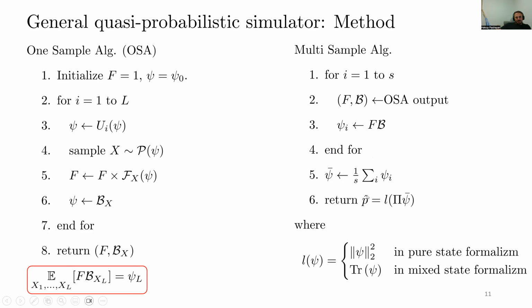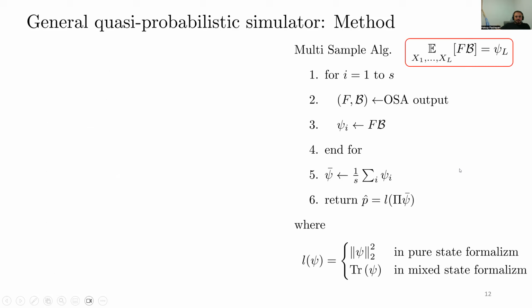Then to compute an estimate p hat, we compute the length of the projector times this average. What we're doing with the average is exactly what we would do with psi_L if we had psi_L. But we don't have psi_L. We have this average, and we're going to make arguments about concentration to show that this average is good enough. It concentrates fast enough that we can do whatever we want.